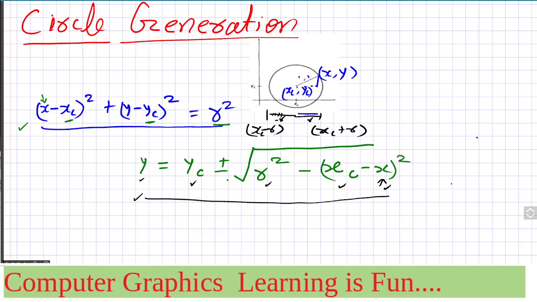Not only more computation, one more thing you will see: the pixels which will be plotted are not equidistant. Means at this position and this position, when you are finding the next pixel, these two will be far away, right? So let me show how it will look.